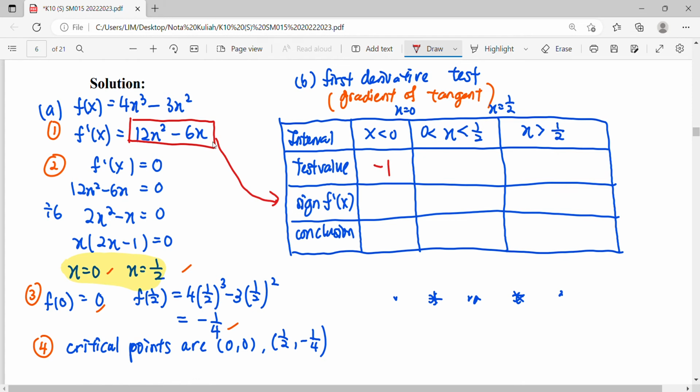Just press the calculator and enter -1. What is the result of the first derivative? With -1 put here, 12, then -1, -6, positive. So you get positive. Positive means the gradient of the tangent is increasing.